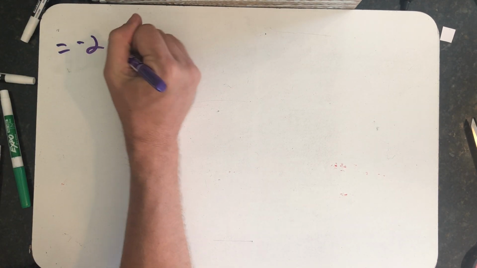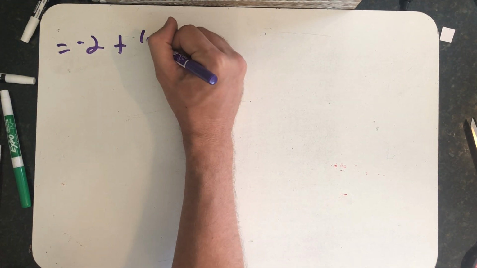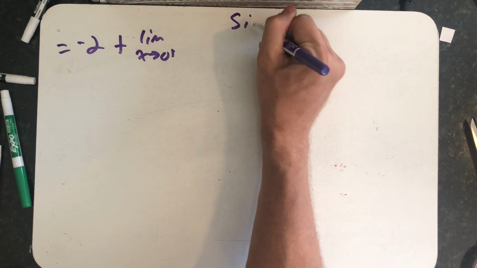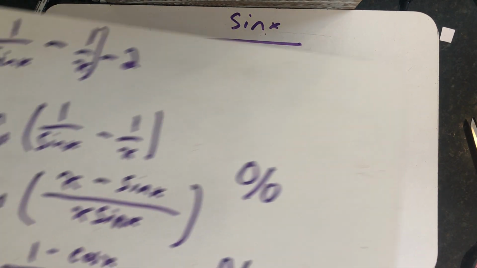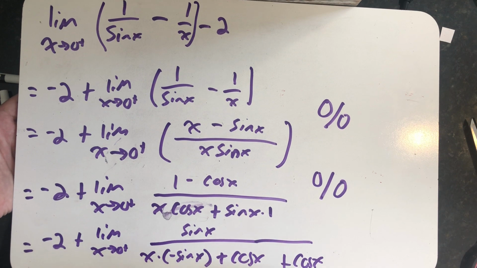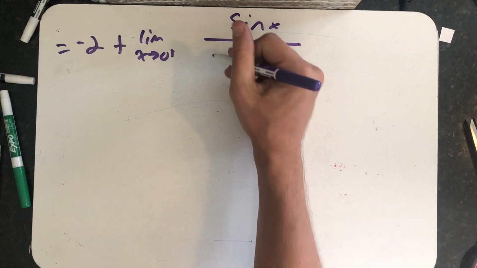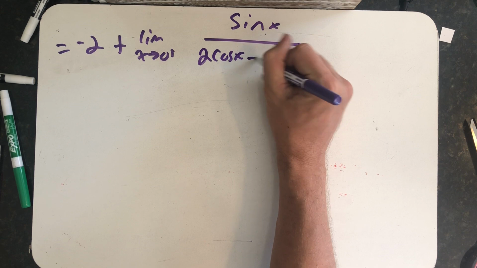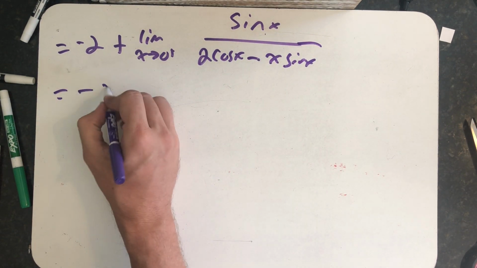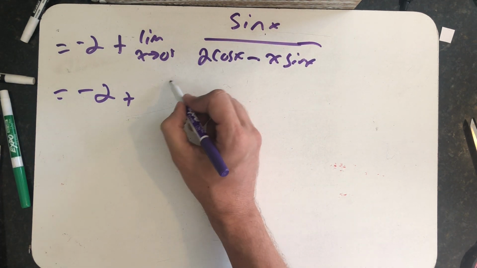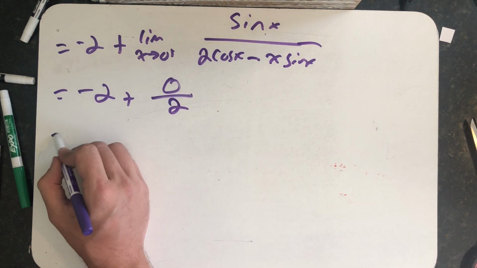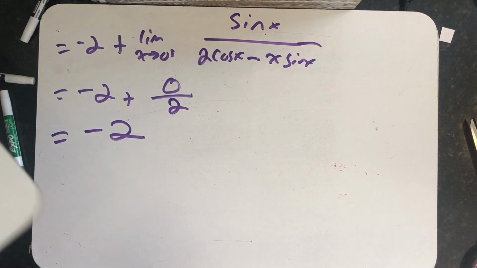So far I have minus 2 plus, still taking a limit as x approaches 0 from the right-hand side, of now sine x all over, and on the bottom of this fraction I have a minus x times sine x plus 2 cosine of x. So now, minus 2 plus, on the top if I try to evaluate I get 0. On the bottom I get 2 minus 0. And so I have a limit of minus 2.